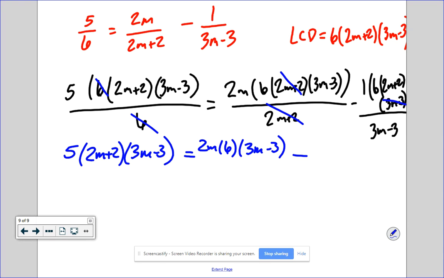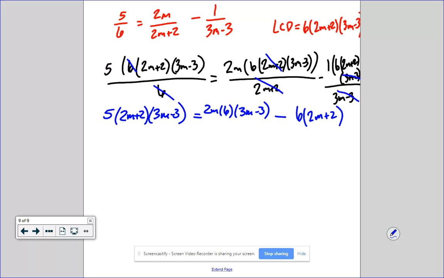Last one, I have 6 times 2m plus 2. You combine two, and then multiply. Do you FOIL first? It doesn't matter. I'm going to multiply the 5 through. So I've got 10m plus 10 times 3m minus 3.